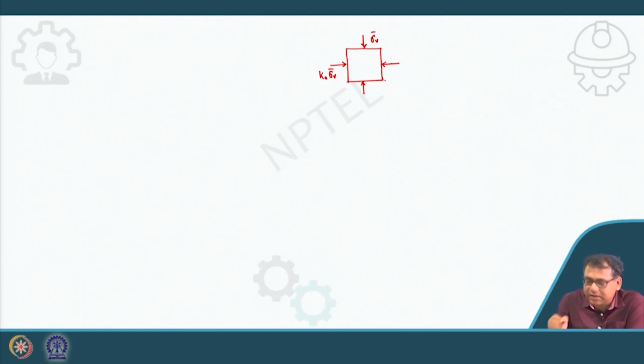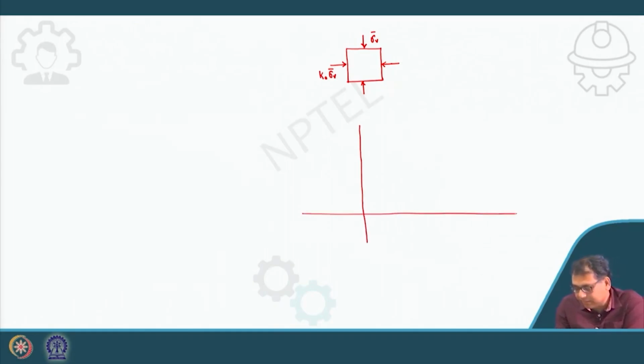So under this condition, what would be the Mohr circle? The Mohr circle will be like this. At this condition, this one is your sigma V bar, which is sigma 1, and sigma 3 will be K0 into sigma V bar.